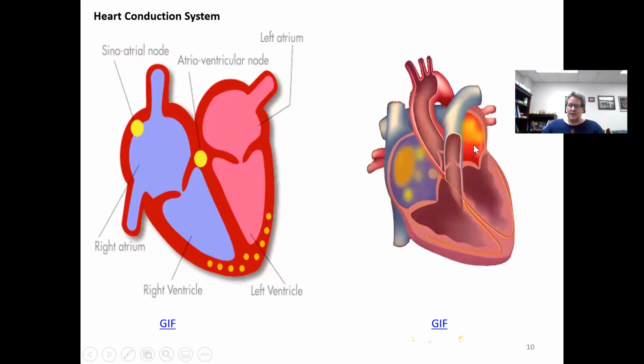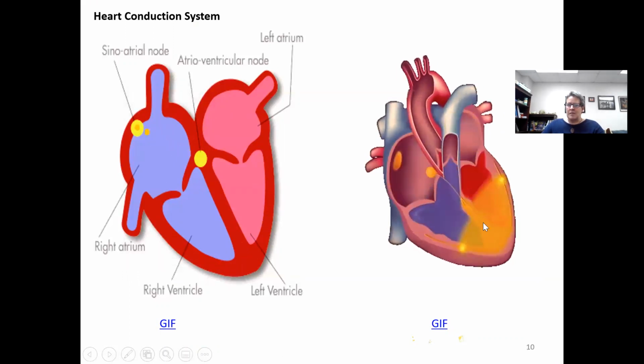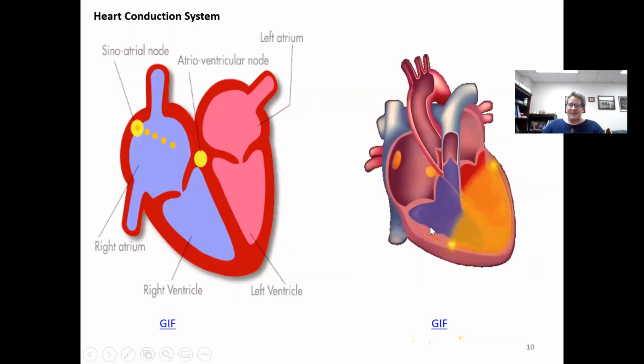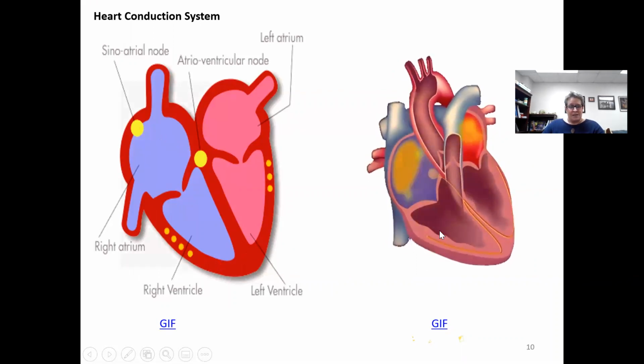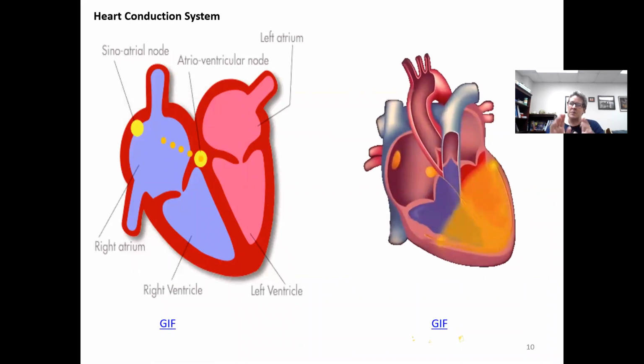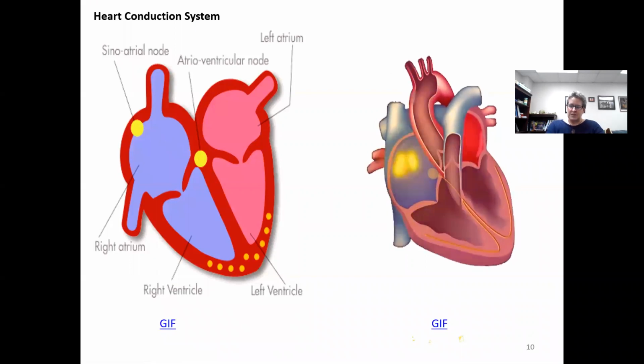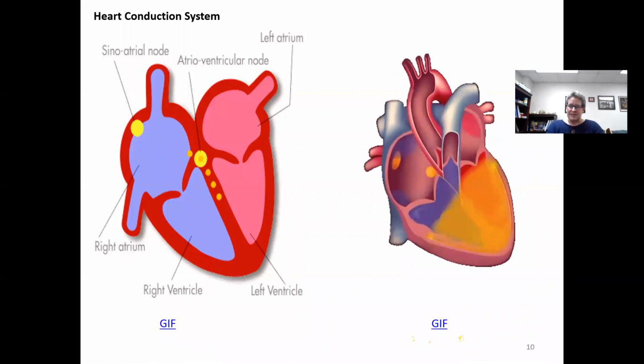They both contract. It pauses briefly, then goes down the bundle of His into the Purkinje fibers, and the ventricles contract simultaneously. So it happens very quickly. But notice that when the atria contract, they must contract simultaneously. When the ventricles contract, they must contract simultaneously.